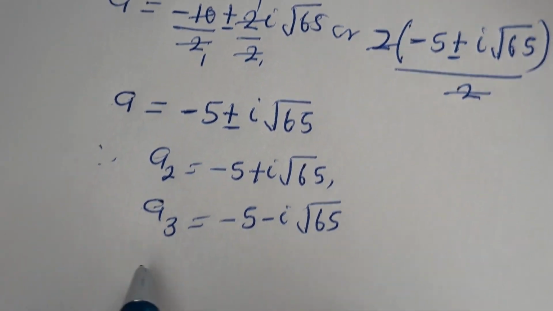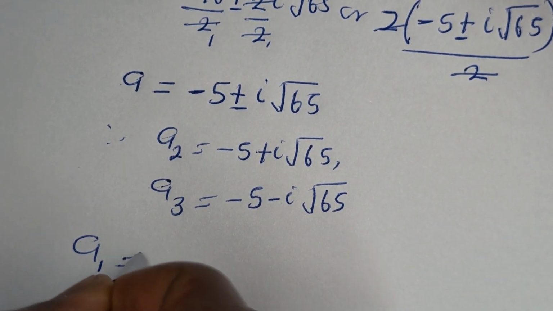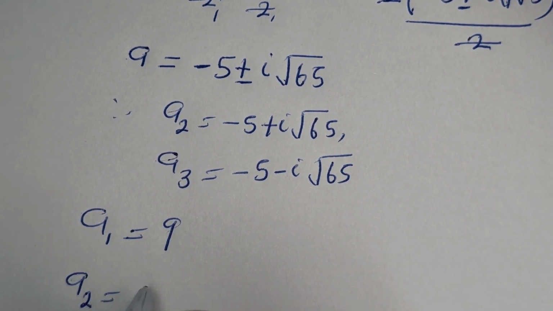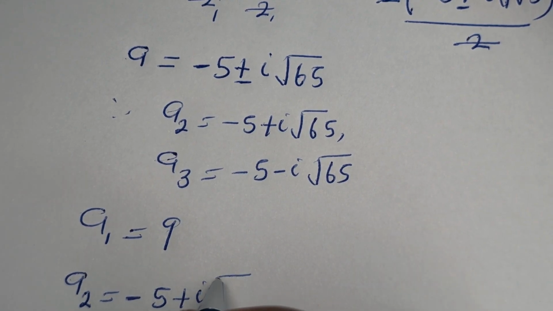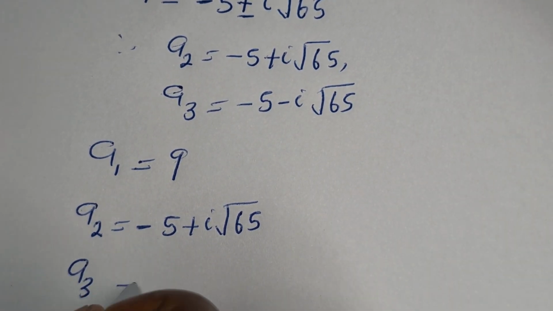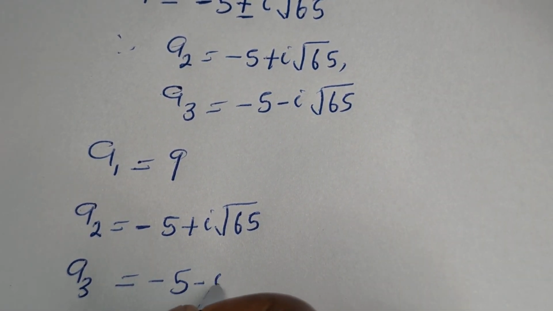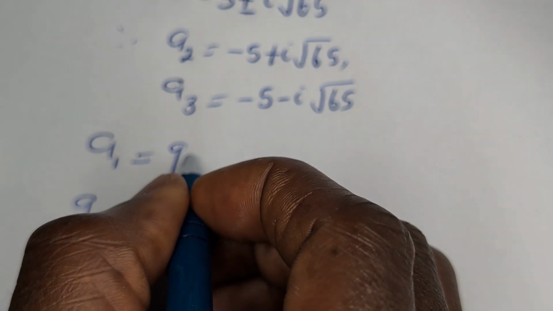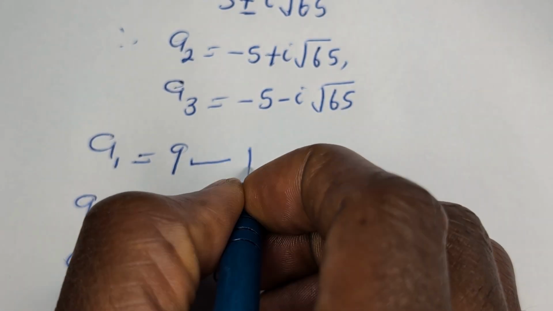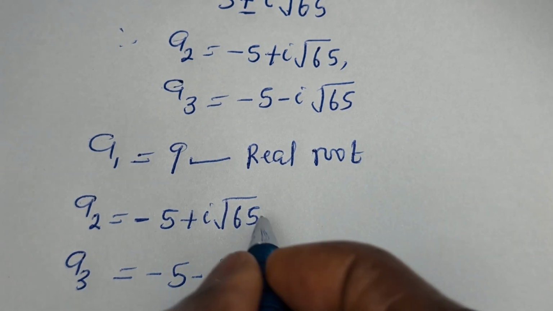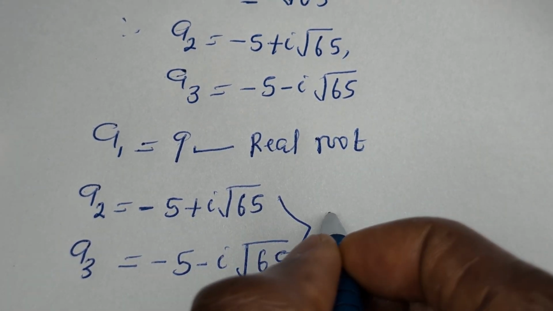Therefore, our final answers are a1 is equal to 9, a2 is equal to minus 5 plus i square root of 65, and a3 is equal to minus 5 minus i square root of 65. Here you can see that we have one real root and then two complex roots.